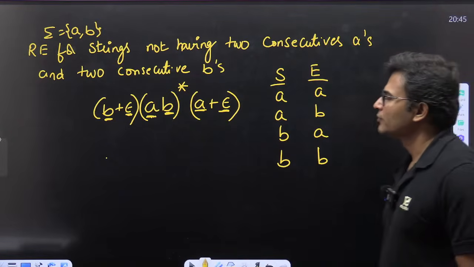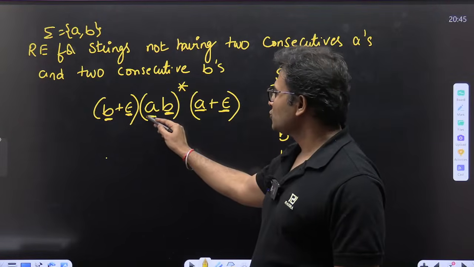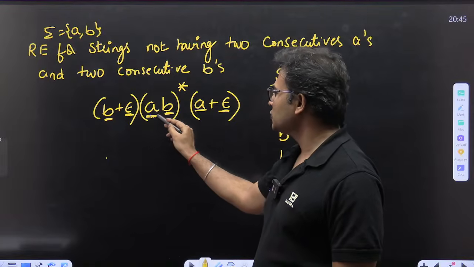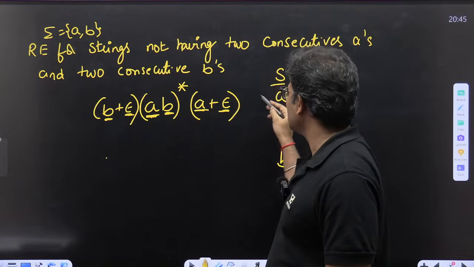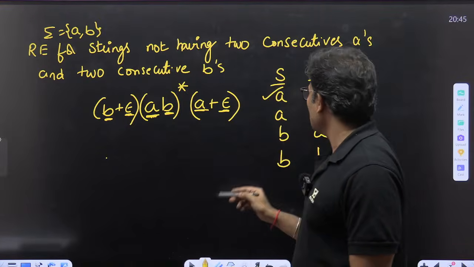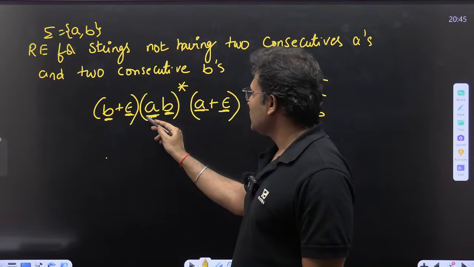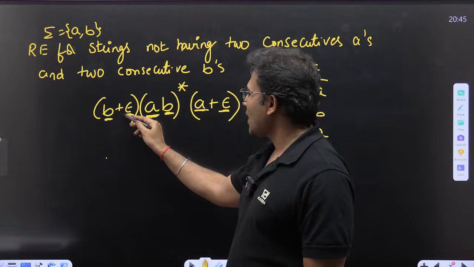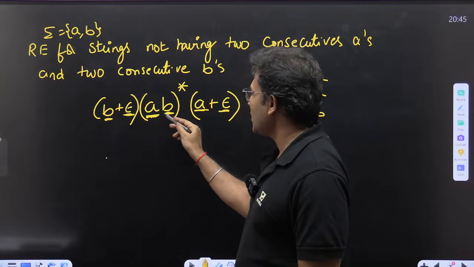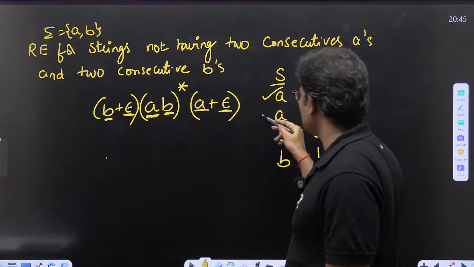See this? If I want to start with A and end with A, I will take epsilon. This is covered. I want to start with A and end with B, so I'll take epsilon, and this case is covered.